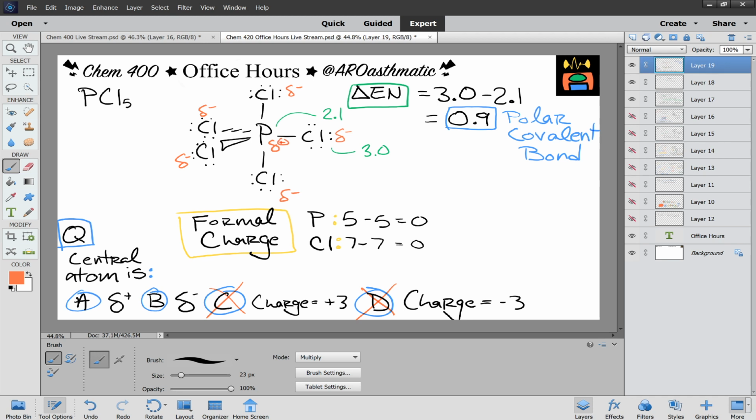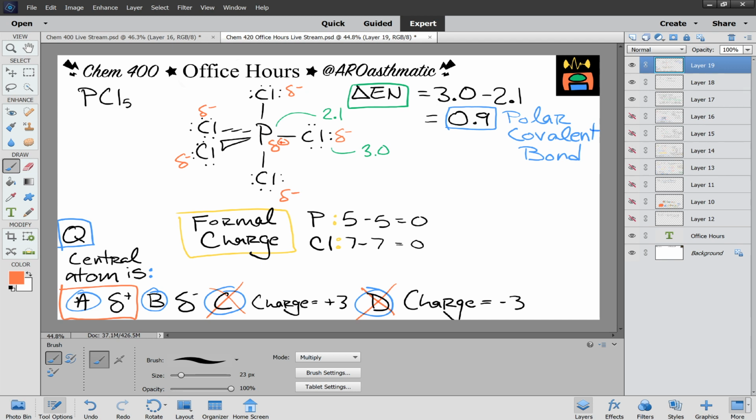So the correct answer here would be A. Yeah, partial positive is correct. Because chlorine is more electronegative than phosphorus, the electrons in this polar bond are going to spend more time around chlorine than phosphorus.